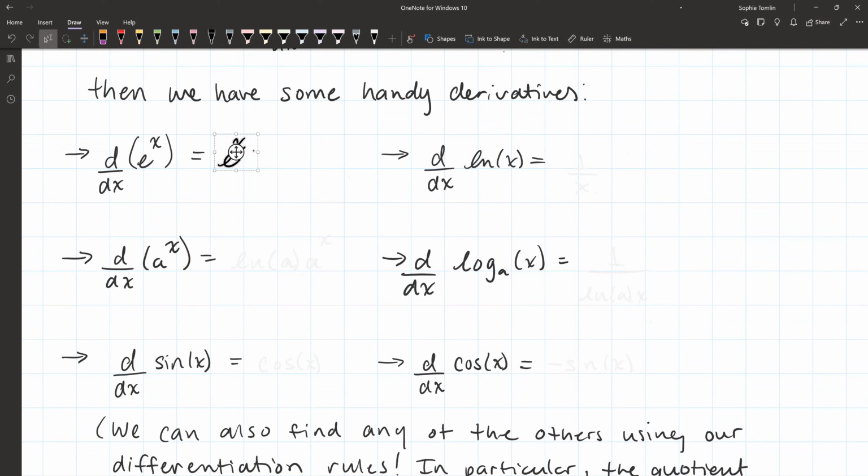We also have that the derivative of ln, the natural logarithm, is 1 over x. Now if we extend this to general exponentials, the derivative of a base a to the x is ln a times a to the x.